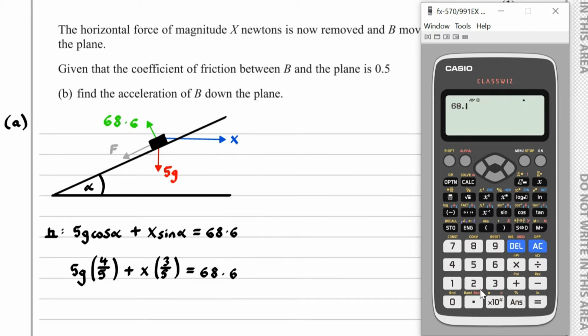We have 68.6 subtract 5 times by 9.8 multiplied by 4/5, and then if I divide this value by 3/5, it turns out then that x is equal to 49.